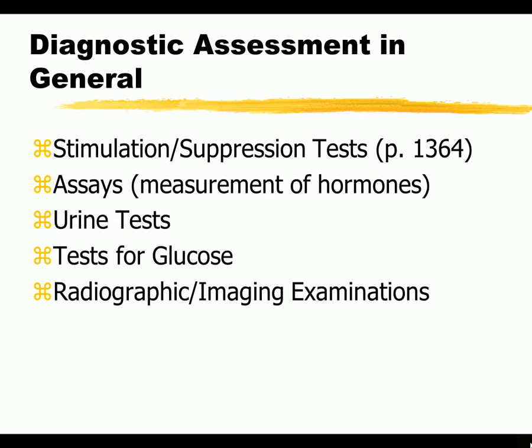Then 75 to 100 grams of oral glucose is administered, and growth hormone is drawn at specific times following the glucose challenge. Since growth hormone secretion is normally suppressed by hyperglycemia, the failure of the level of growth hormone to decrease during that suppression test would aid in the diagnosis of growth hormone excess.